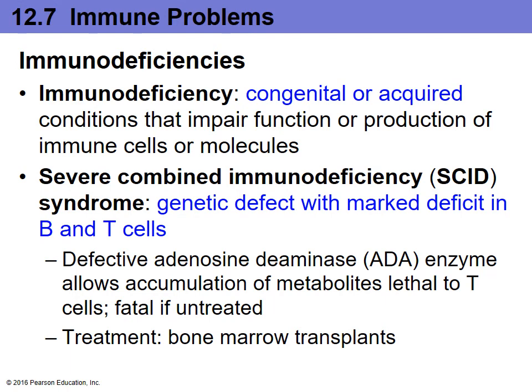In fact, that's where the boy in the bubble came from that we're going to be discussing in our next chapter. It's based on the fact that SCID disease causes a defective ADA enzyme, and this allows for metabolites to build up that essentially kill off your T cells. And it can be very fatal if untreated, but unfortunately the most effective method of treatment will be a bone marrow transplant.